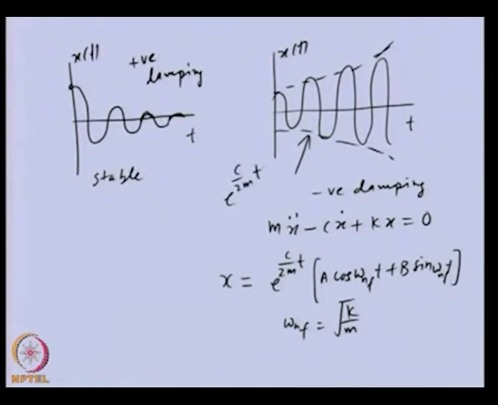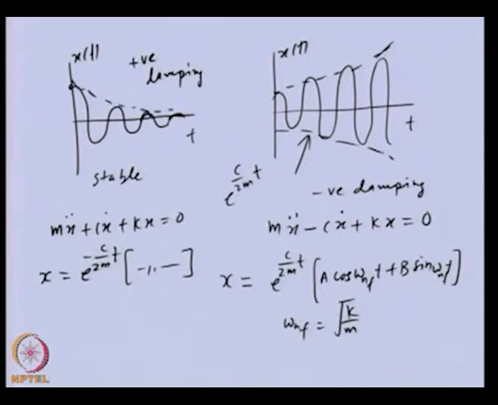And for the stable system, we have our equation of motion as like this, and in this case the exponent will be minus c by 2m t, and this term is exactly the same as this one. You can see here there is a minus. So we have an exponentially decaying curve for this case.